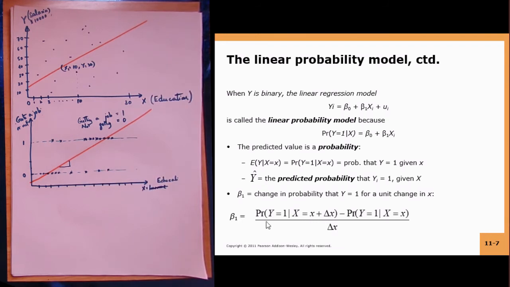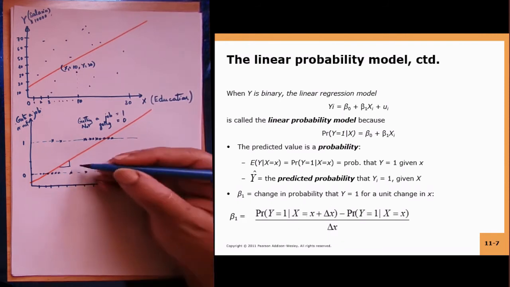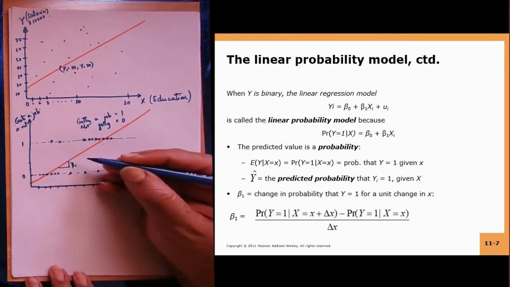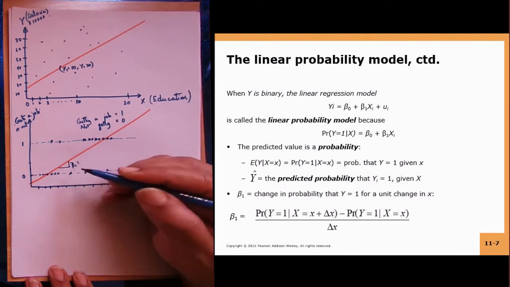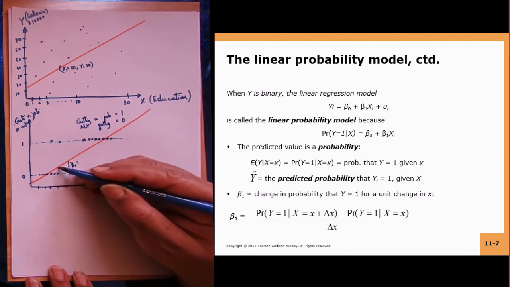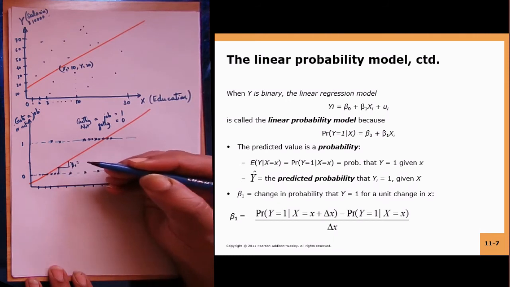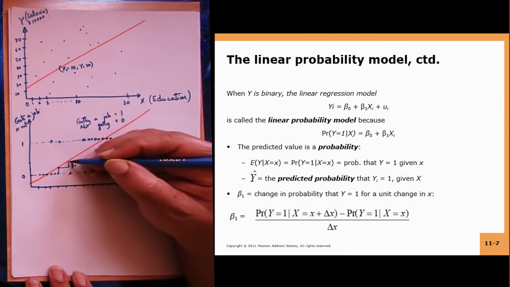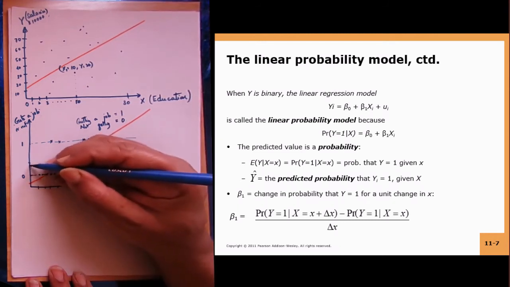And what is beta 1? Beta 1 is the change in the probability for a unit change in x. So this beta 1, which is the slope, beta 1 hat or beta 1, is equal to the change in the probability. For this level of education, this was your probability of getting a job. And if you increase your education by a little bit, this is your probability of getting a job.